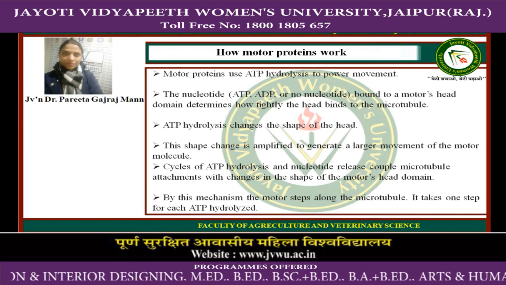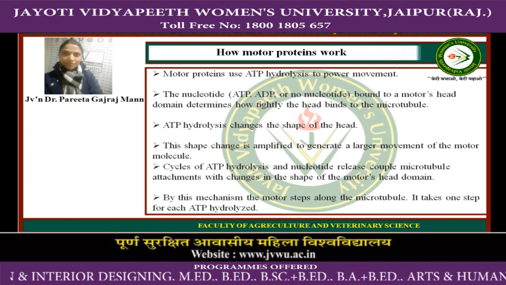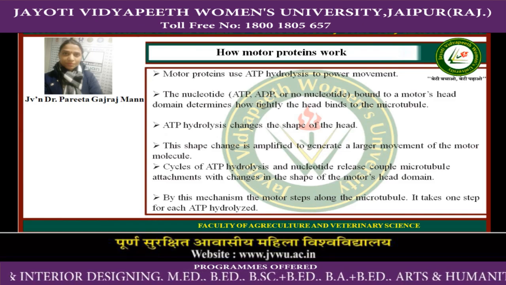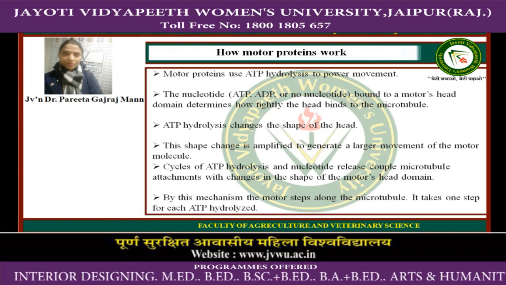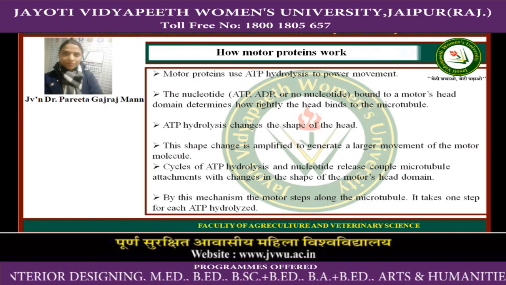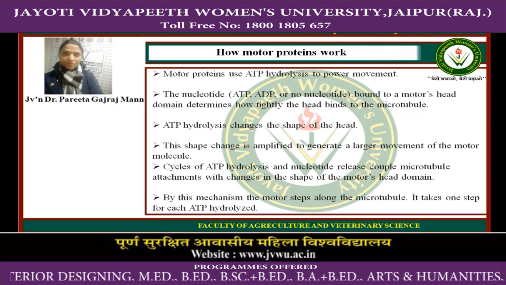How do the motor proteins work? Motor proteins use ATP hydrolysis to power movement. ATP is required for the movement of the cargo. Motor protein heads have the binding site for ATP, which means they have catalytic activity.